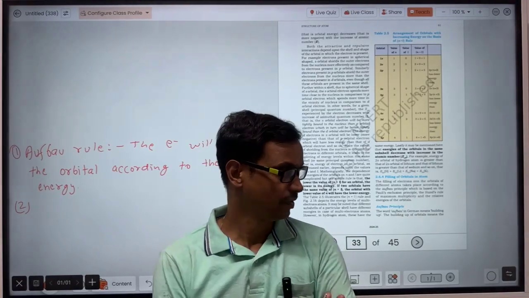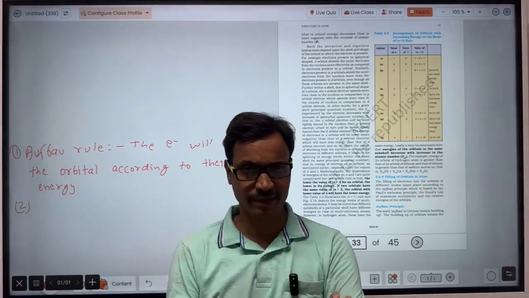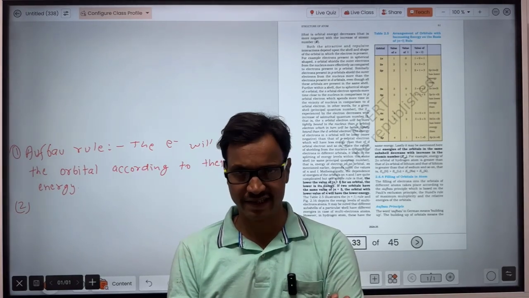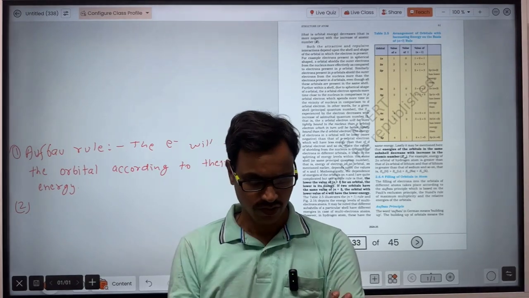The four quantum numbers you already know: principal quantum number, azimuthal quantum number, magnetic quantum number, and the spin quantum number.